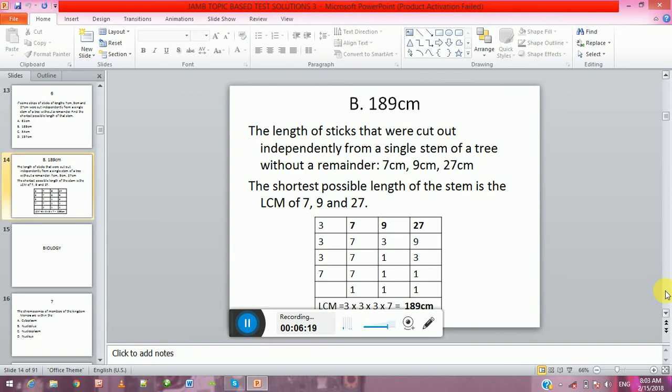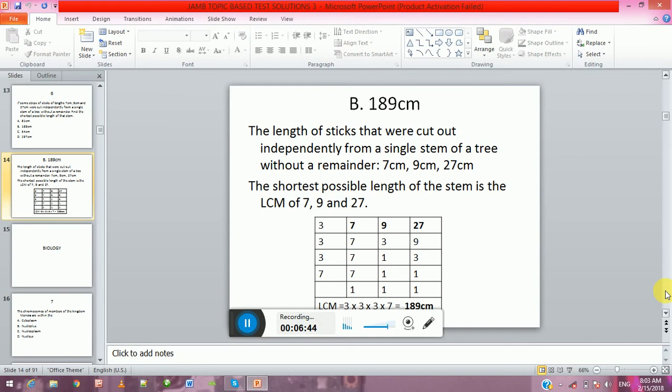So the answer here is 189 cm. How did we get to this? The lengths of the sticks that are cut out independently from a single stem of a tree without a remainder are 7 cm, 9 cm, 27 cm. The shortest possible length of the stem is the LCM of 7, 9, and 27.